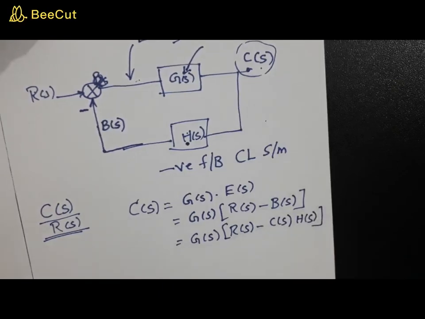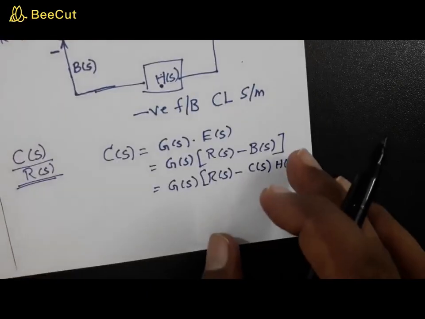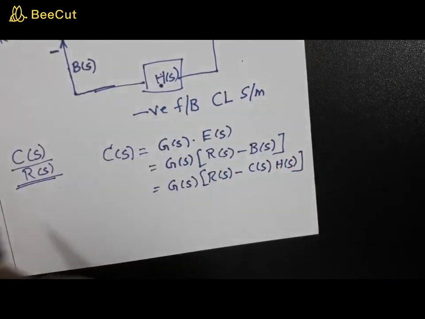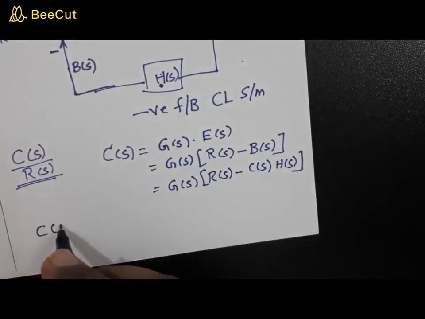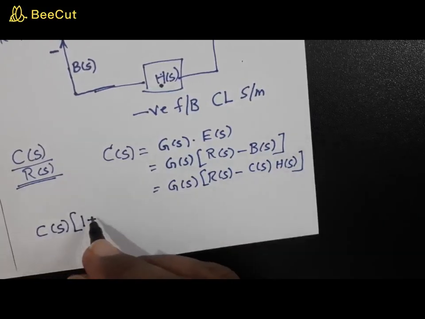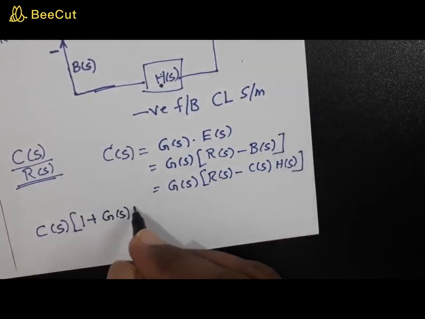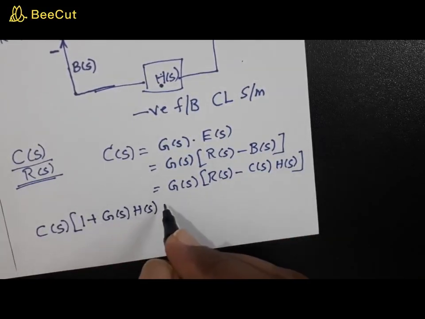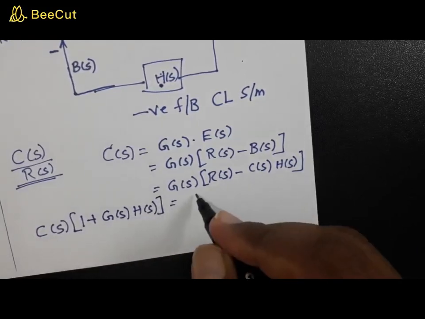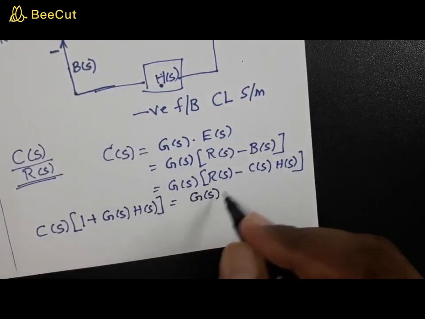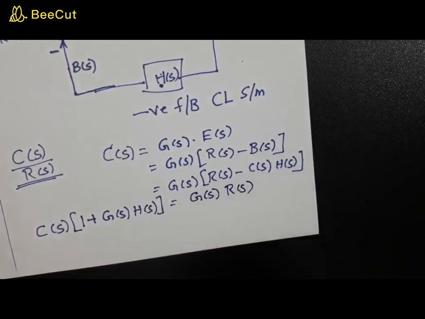Now you can bring this C of s term to this side, so that you will get C of s into 1 plus G of s into H of s equal to G of s into R of s.